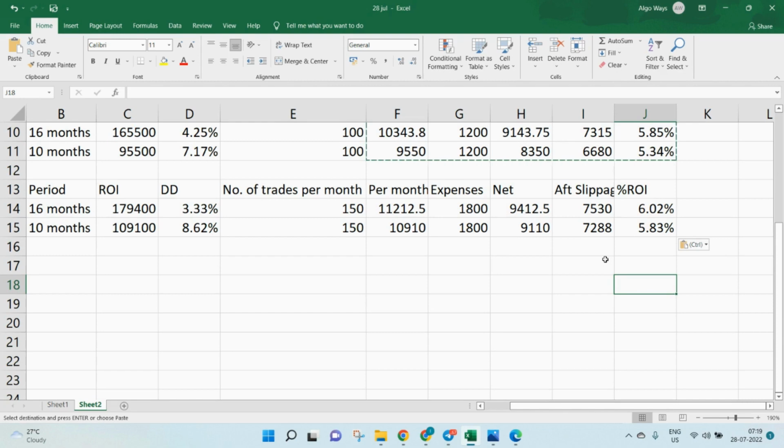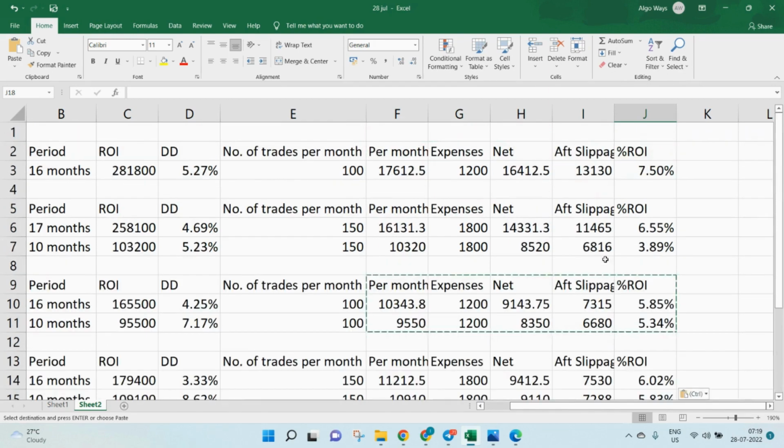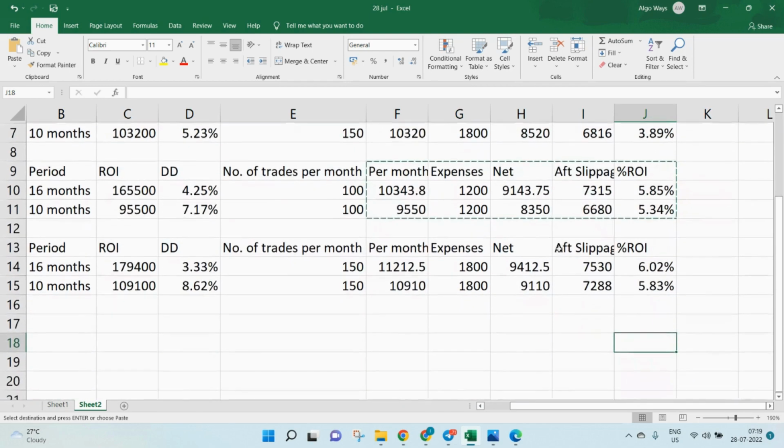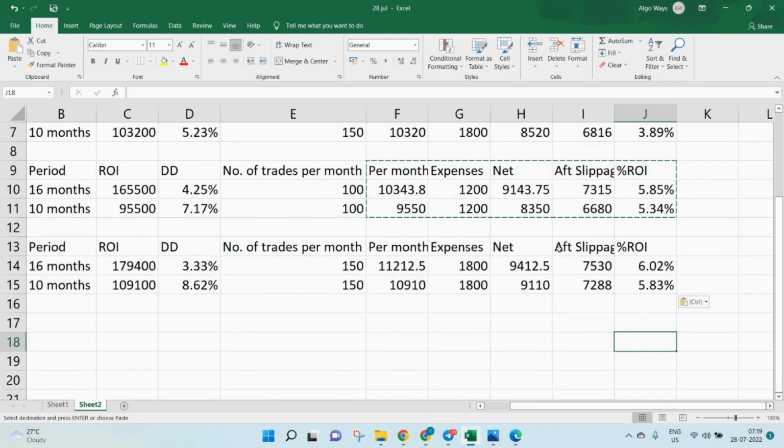All the adversities have been taken into consideration, and then only this ROI has been arrived at, which is a reasonable net level return every month. So I think I have completed the logic as well as the calculations which I have done on the backtesting. So individuals can now try various other scenarios also.